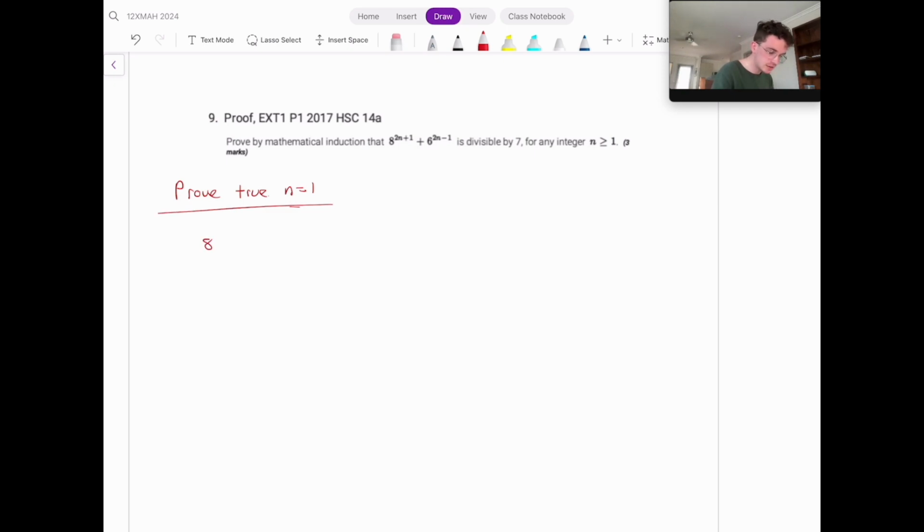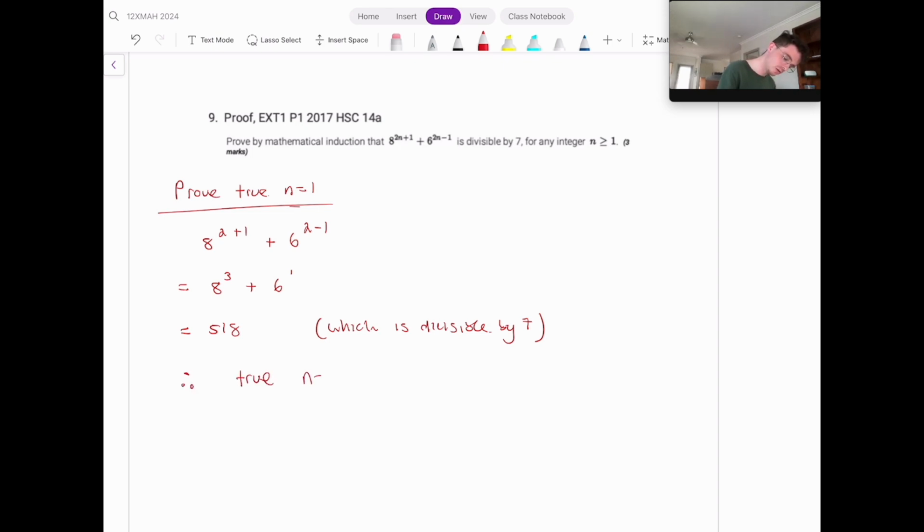So we've got 8 to the power of 2 times 1 plus 1 plus 6 to the power of 2 times 1 minus 1, which is 8 cubed plus 6 to the power of 1. Now 8 cubed is 512 plus 6 is 518. We're hoping that's divisible by 7, which it is. So therefore, true for n equals 1.